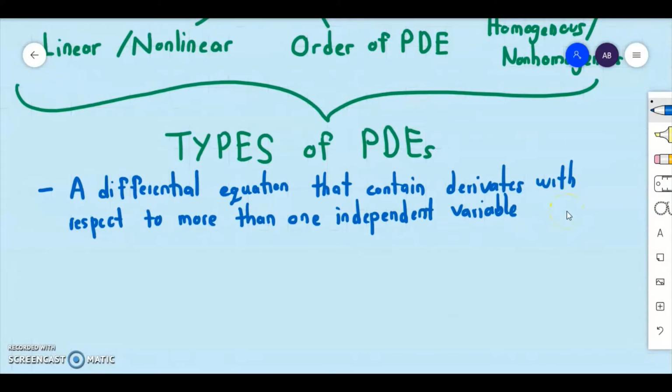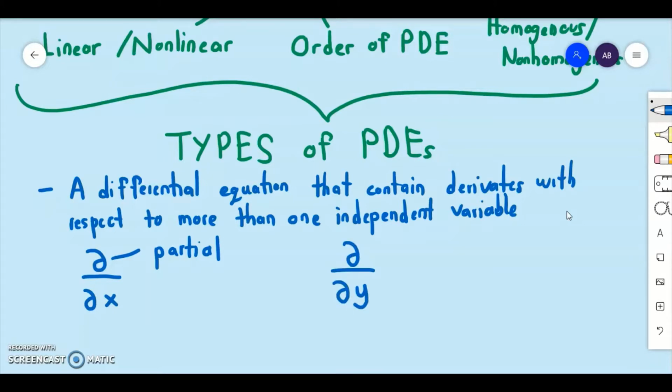Okay, the partial derivatives are defined as, so this is a partial symbol, partial over partial x. The symbol here is called the partial symbol. And you can also have partial over partial y. So we are differentiating with respect to one of the variables given here.